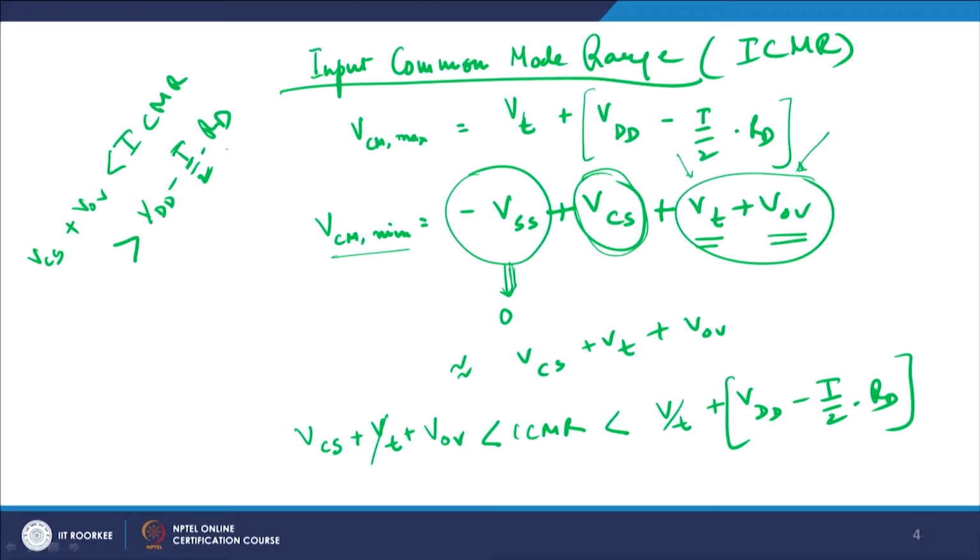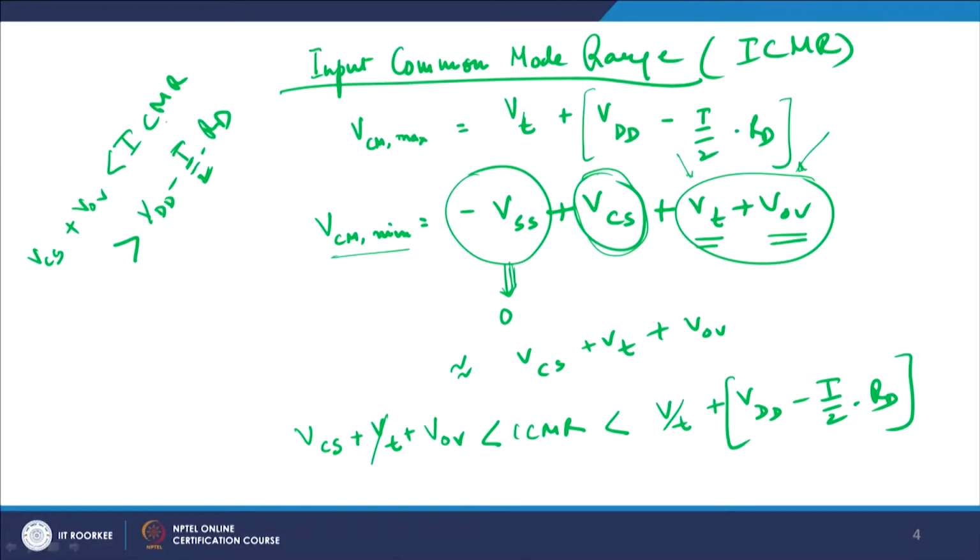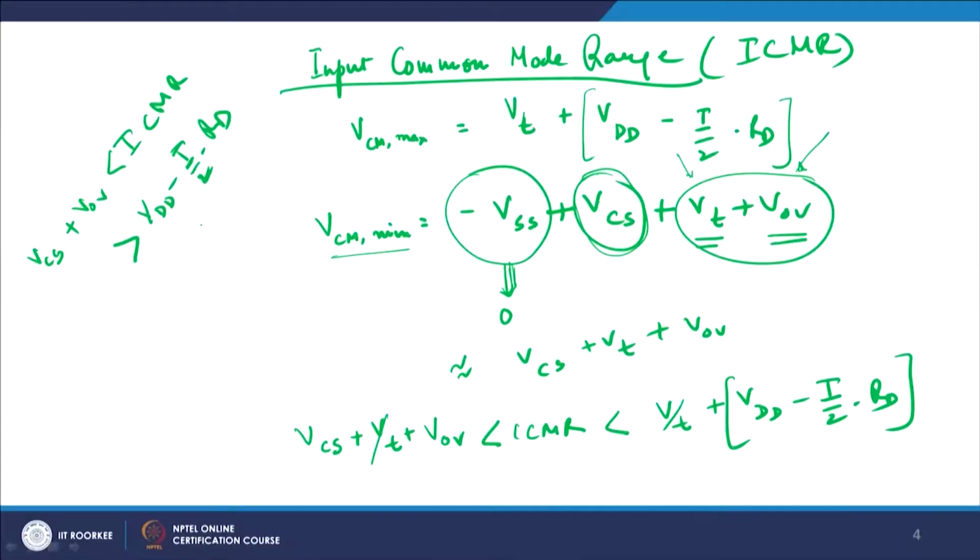So you see, if my VDD is high, my input voltage should go higher and higher, my input common mode range would also go higher. Similarly, if my overdrive is high, my ICMR will also go high, the reason being in front of you, that it should be at least greater than VCS plus V overdrive.